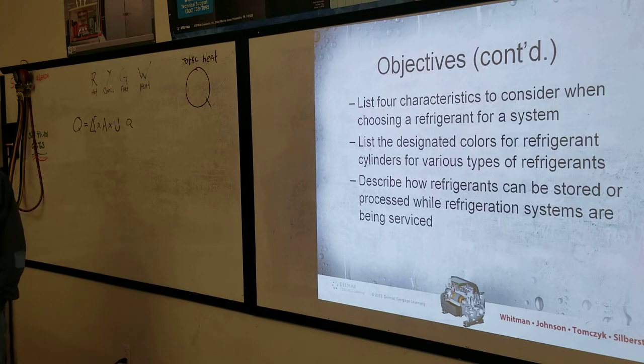List 4 characteristics to consider when choosing a refrigerant for a system. List the designated colors of refrigerant cylinders for various types of refrigerants. Describe how refrigerants can be stored or processed while refrigeration systems are being serviced.